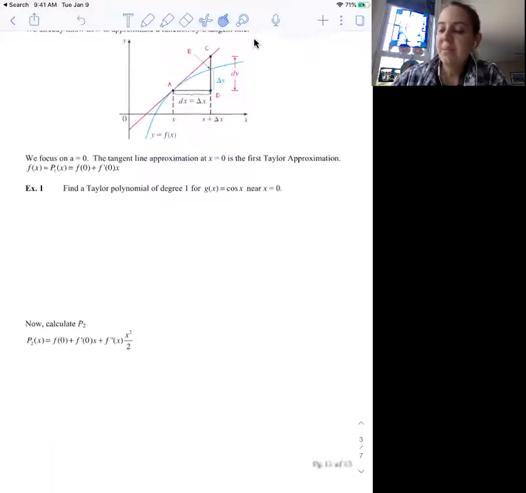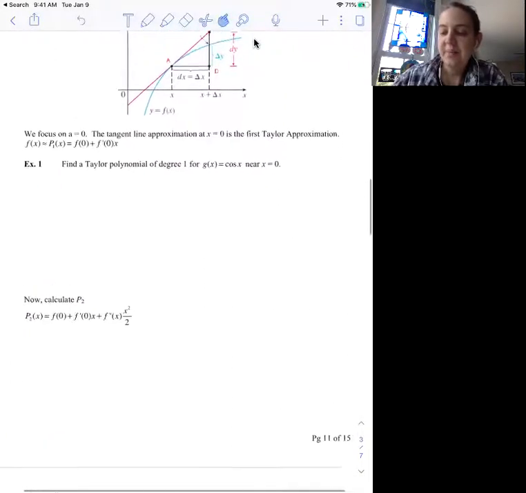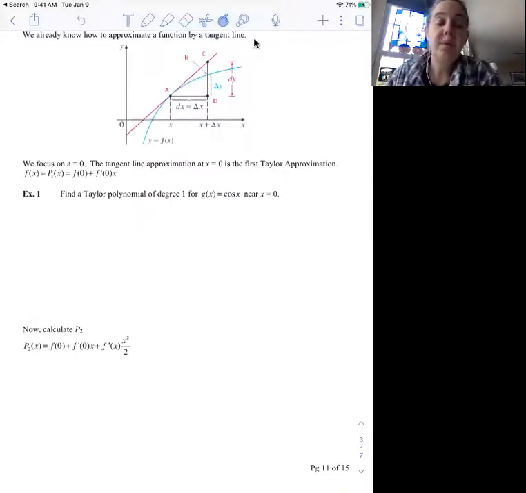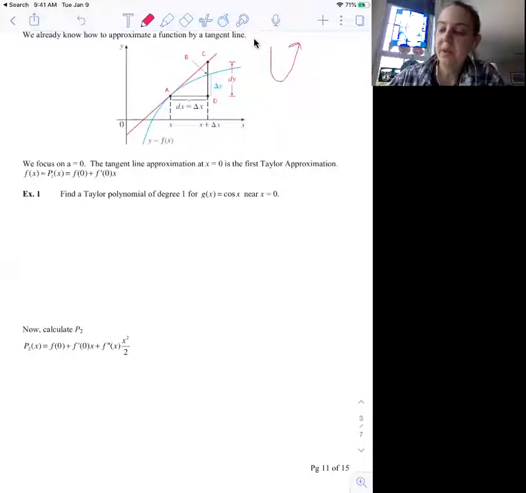Now, Taylor polynomials. You can now approximate a curve not with just a straight line, but with a polynomial. When we say polynomial, that should take you back to Algebra 2 and pre-calc. A polynomial is a parabola, or a cubic function, or something to the 4th power, or the 5th power.